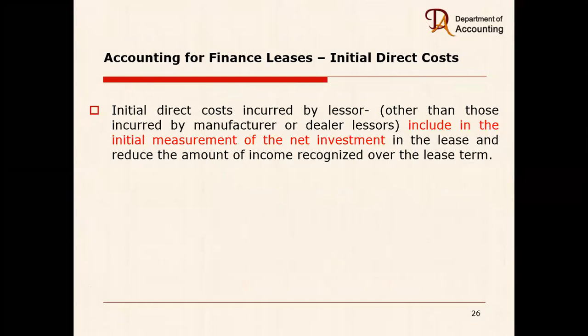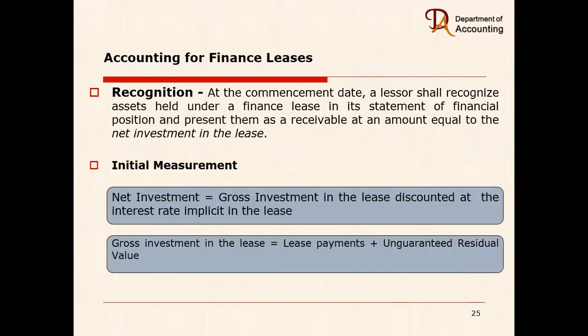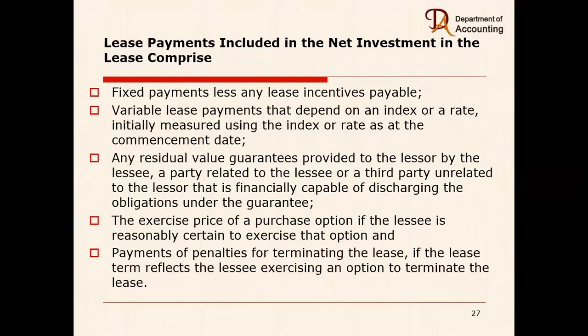Okay. Now let's move to what comprises the lease payment. So we agree that when it comes to the kind of gross investment, it's a matter of lease payment and the unguaranteed residual value. Now let's see what comprises the lease payment. In fact, I have explained that, but just to take you through, I would say that that is exactly similar to the lease payment that you get in the case of books of lessee.